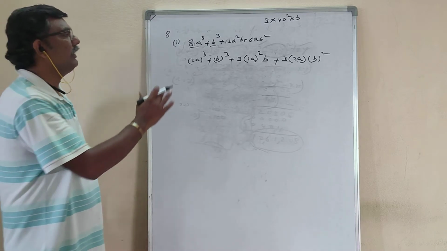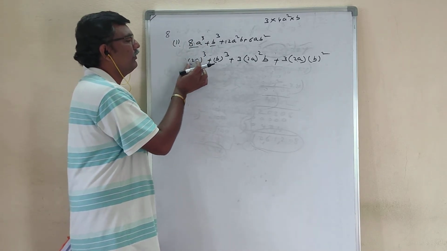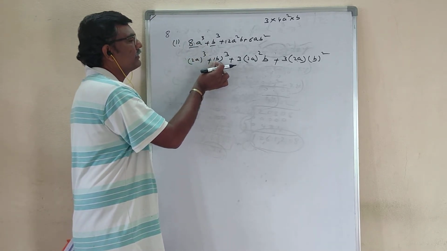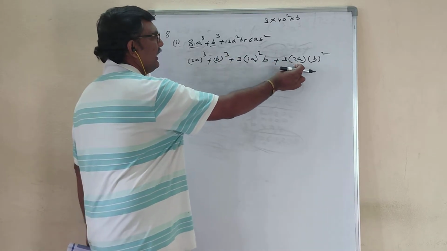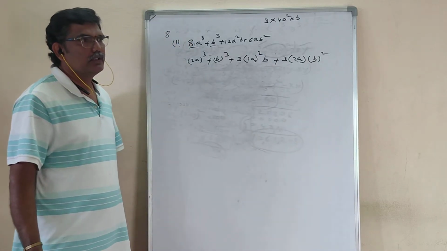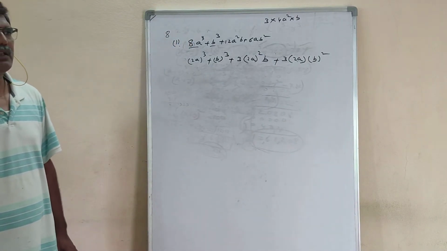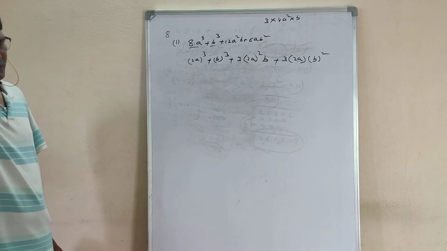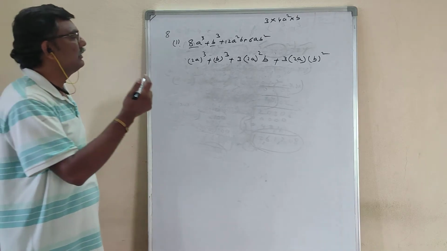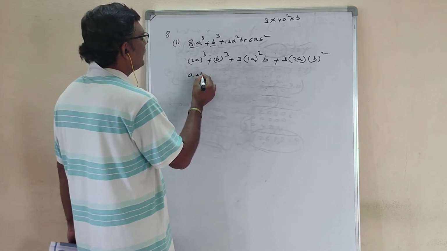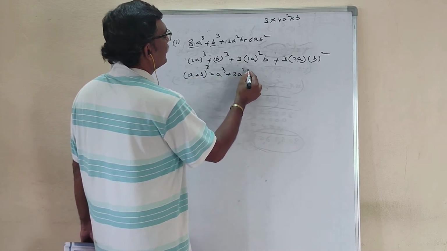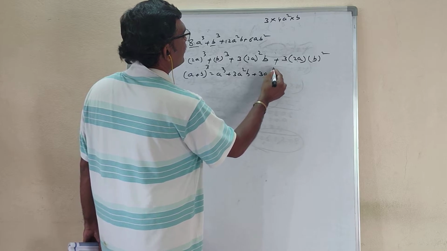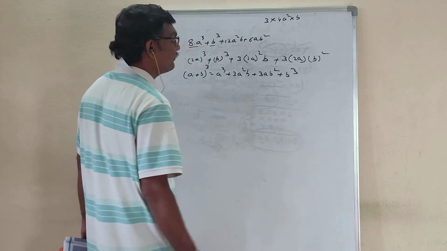So the given question I wrote in the form of a cube plus b cube plus 3a square b plus 3ab square. So if you know the formula by heart, you will notice one formula, that is nothing but a plus b whole cube is equal to a cube plus 3a square b plus 3ab square plus b cube.